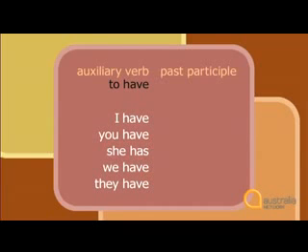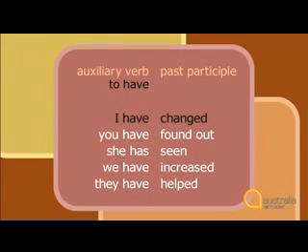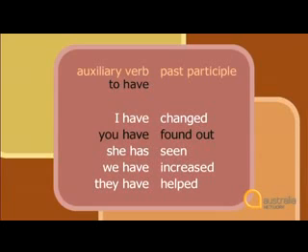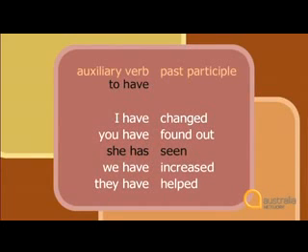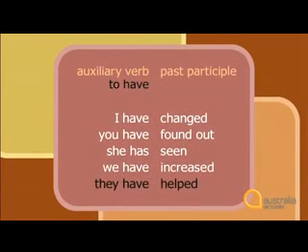For example, changed, found out, seen, increased, or helped. So we have, I have changed. You have found out. She has seen. We have increased. They have helped.